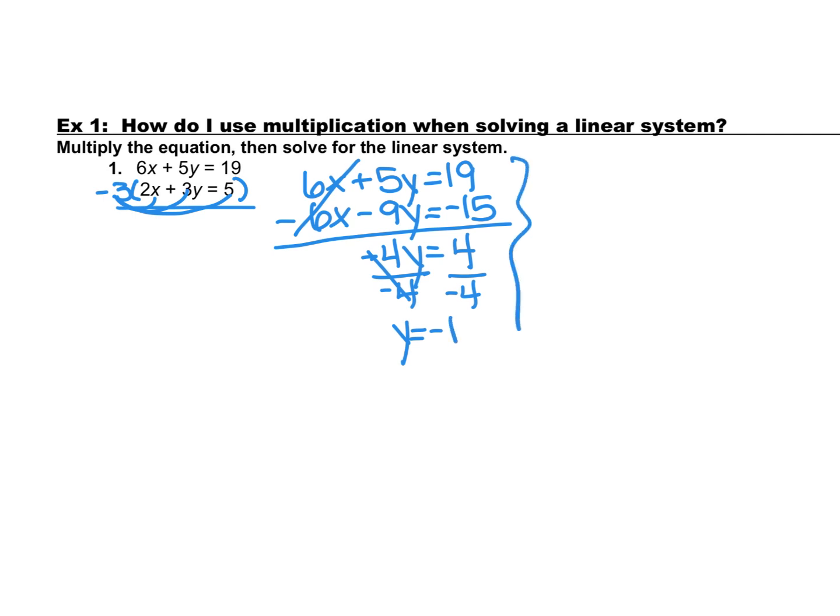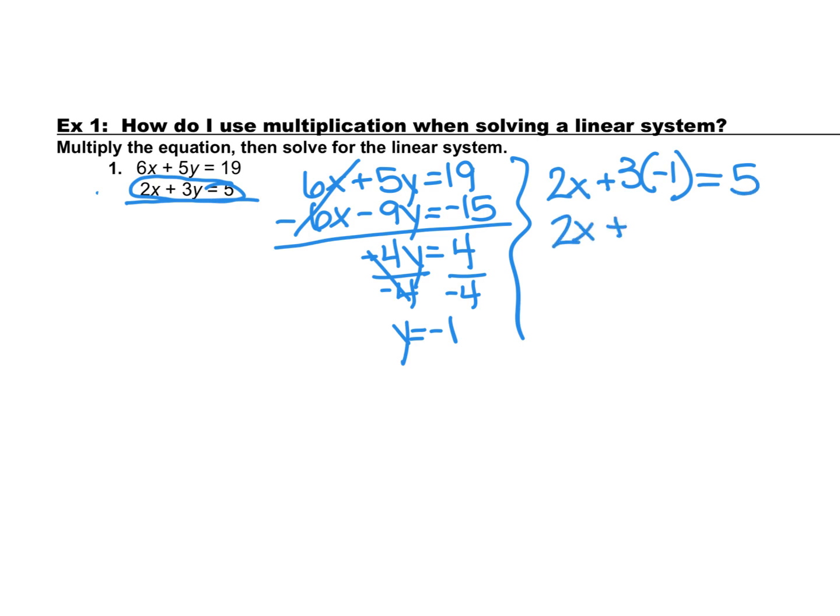All right, so let's plug it back in. We're going to pick one of the equations to plug the negative 1 into. I'm going to pick the second one, only because the numbers are smaller, but it really does not matter. So I have 2x plus 3, and now y is negative 1, is equal to 5. So 2x minus 3 is equal to 5.